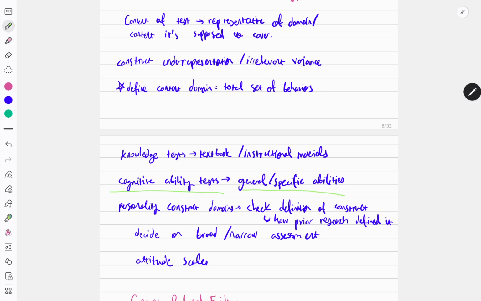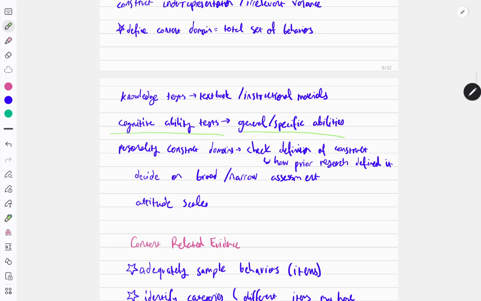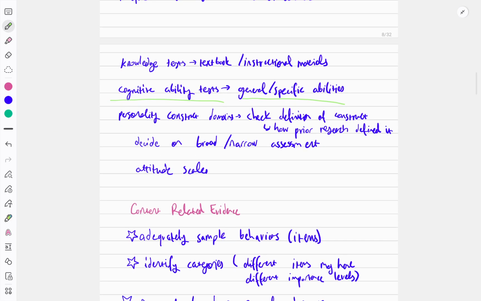We should go through general and specific abilities, depending on whether we want to focus on the general abilities or specific abilities. If we are creating personality construct domains, we can check the definition of the construct and how prior research defined it.